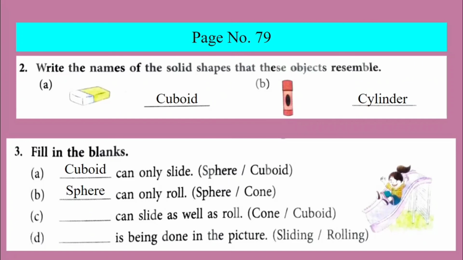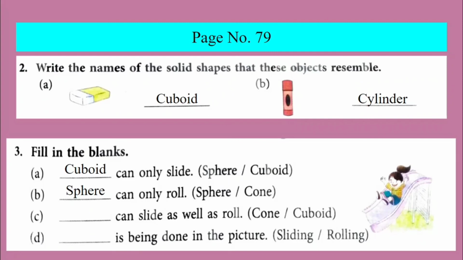Now we will do the C part. Dash can slide as well as roll, a cone or a cuboid. So children, which one of the two can slide as well as roll, a cone or a cuboid? Children, remember that a cone can roll as well as slide, as using the curved surface the cone can be rolled, and using its bottom circular surface the cone can slide.